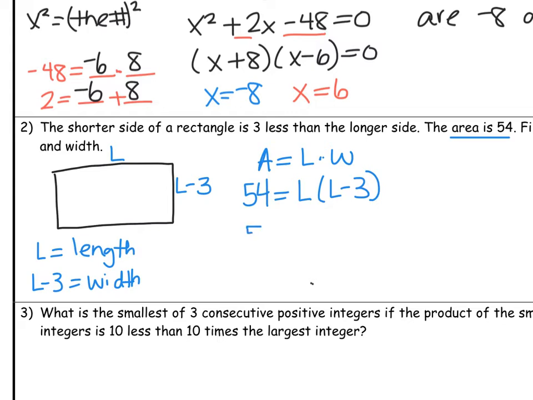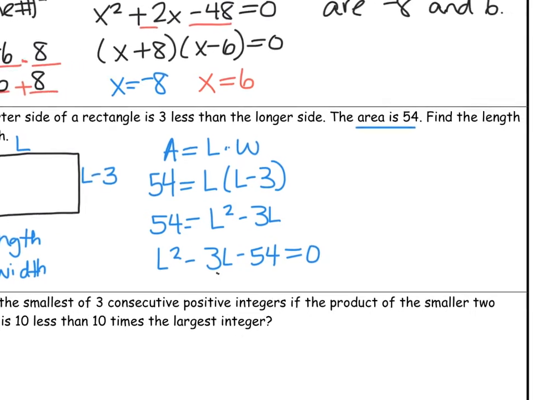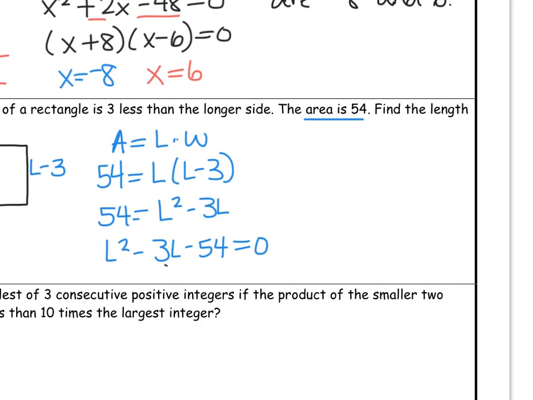So what we end up getting is 54 equals L squared minus 3L. Using the zero product property, we get L squared minus 3L minus 54 equals 0. So now we're going back to what we did up there in question number 1. What are the factor pairs of negative 54 that add up to negative 3?